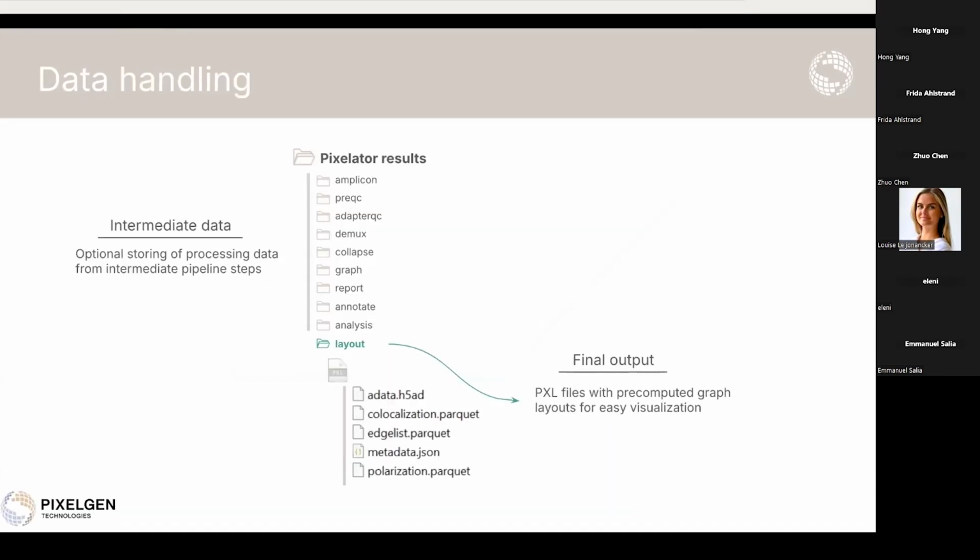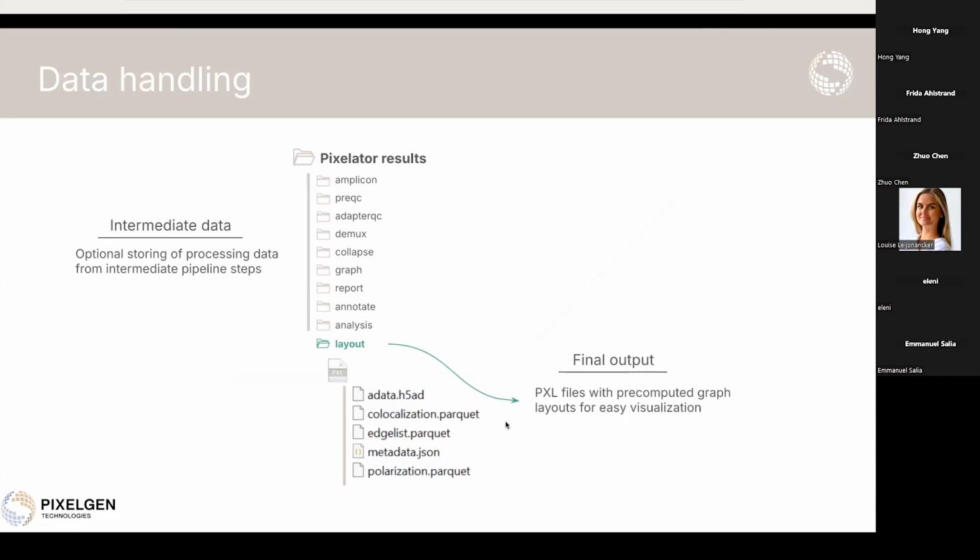Right, and then the first step, as I said, data handling. So having run the Pixelator pipeline, you generate a lot of intermediate data that is not necessarily output. It can be, if you wanted to, but the main output would be the pixel files for each of your samples.